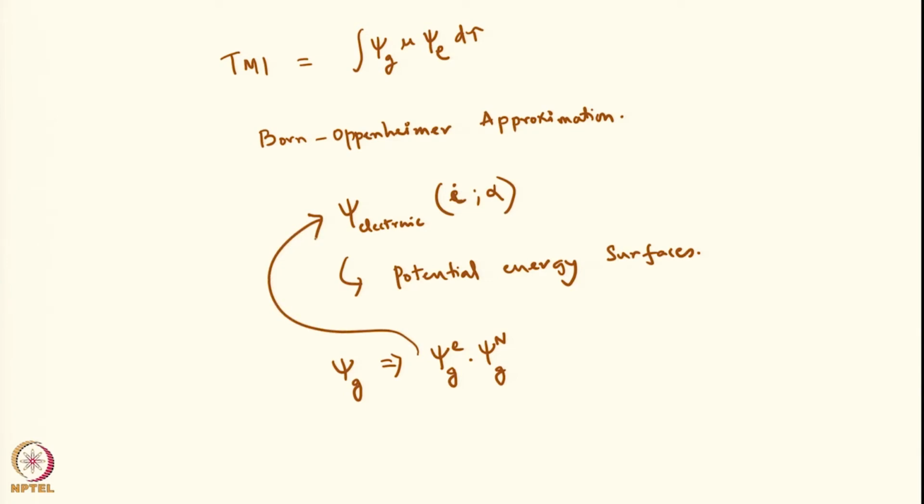Similarly, you have psi excited, which will have two parts, psi excited electronic and psi excited nuclear. So, this wave function that you use in the transition moment integral is a bit more complicated.